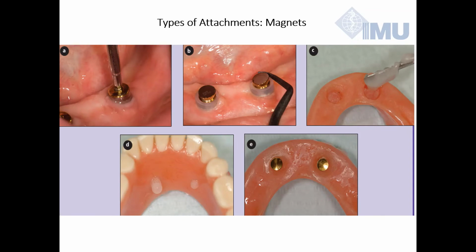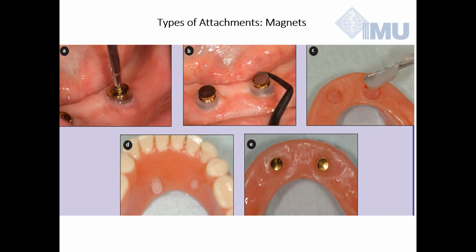Okay, so the magnet type of attachment is also used. They are very easy to handle, mainly in very old, geriatric patients who don't have much manual dexterity. Those patients can be chosen for magnet attachments because magnets are not really very retentive, but they are retentive enough to maintain the denture in place.